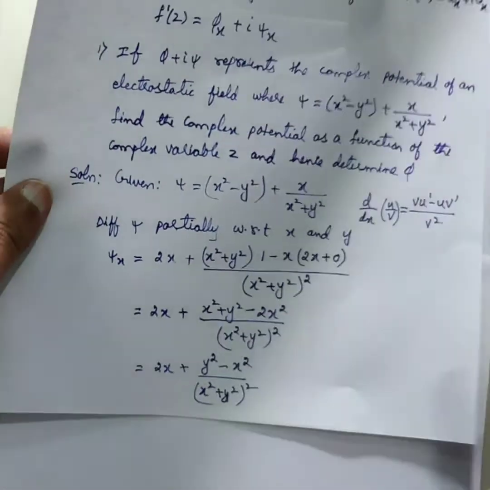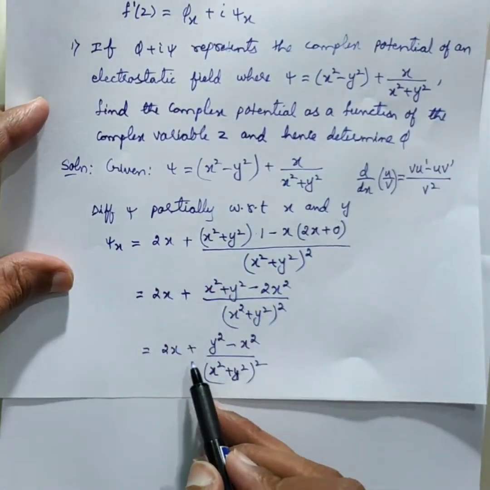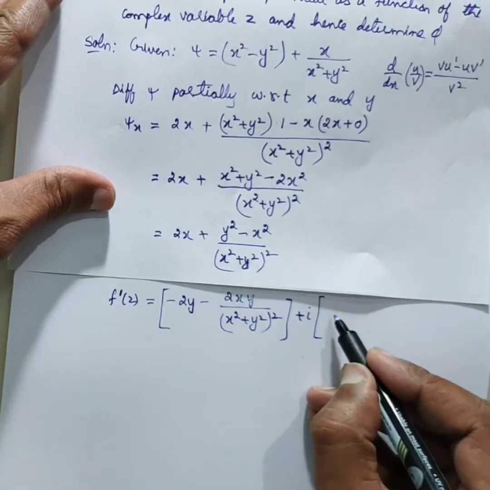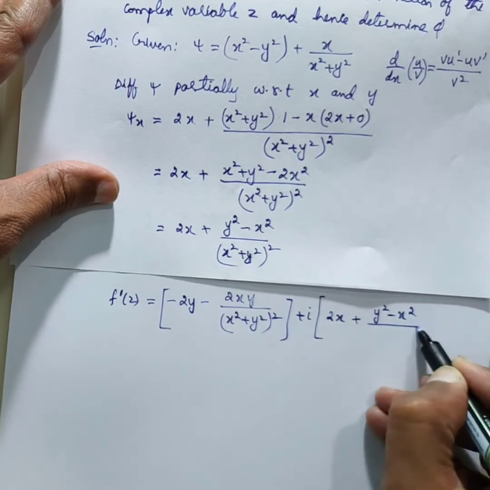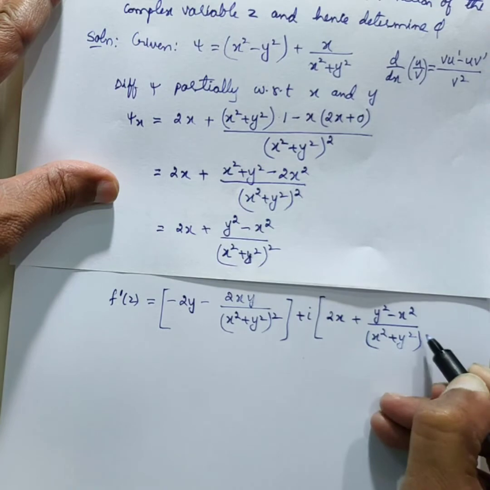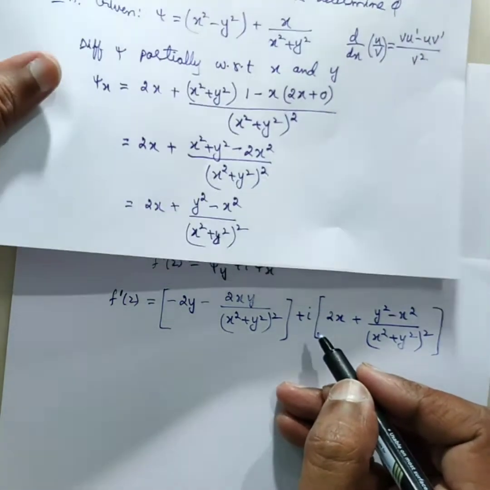This is the value that we have calculated for psi x, so you can write down this value here. It is 2x plus y square minus x square divided by x square plus y square whole square. So both the values have been plugged in.